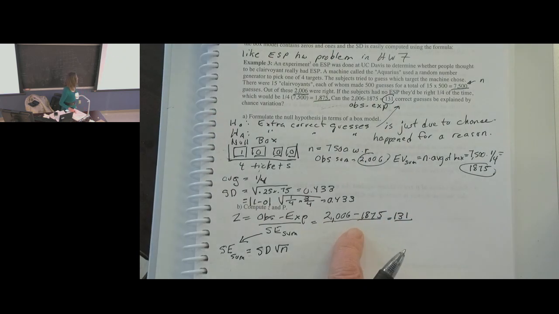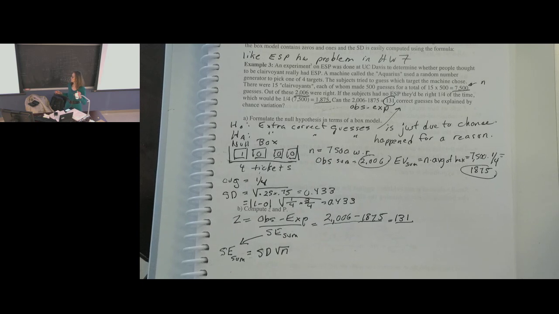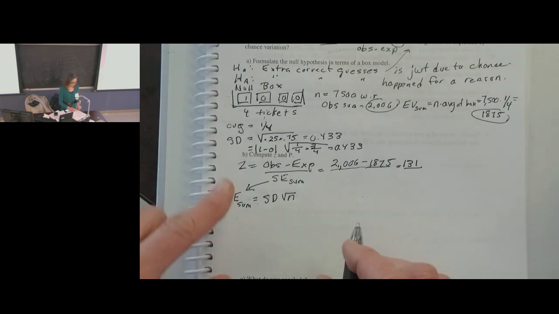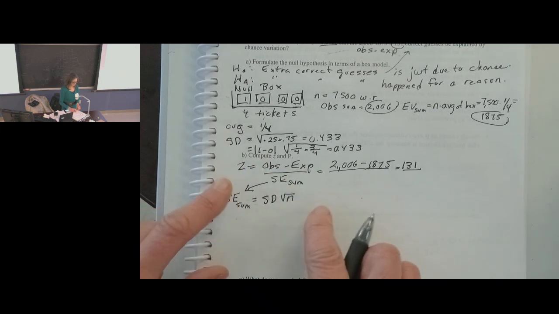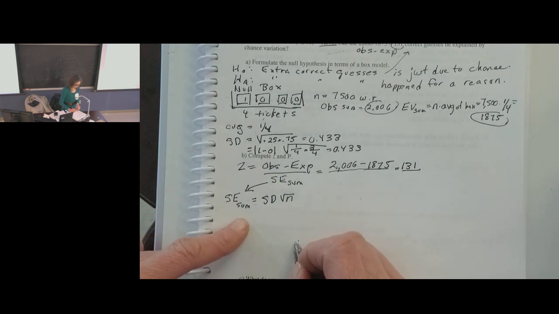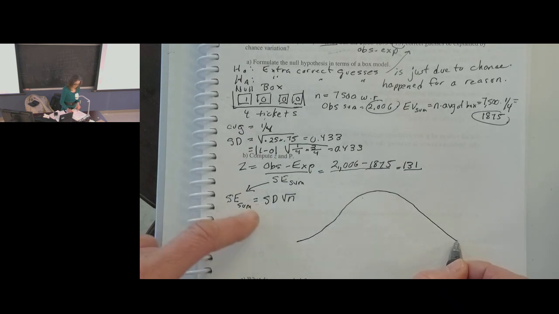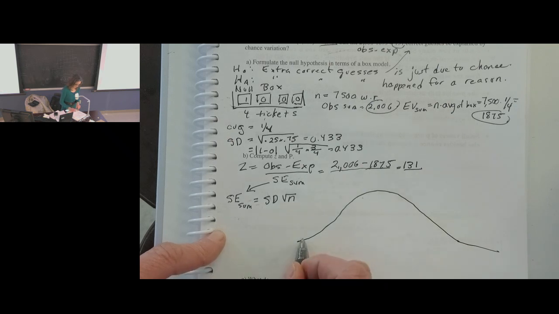Now, before we calculate that, I want you to use your intuition and see what we're doing here. We know this is going to follow the normal curve because of the central limit theorem. We have a huge n, and so it's going to look very close to the normal curve.